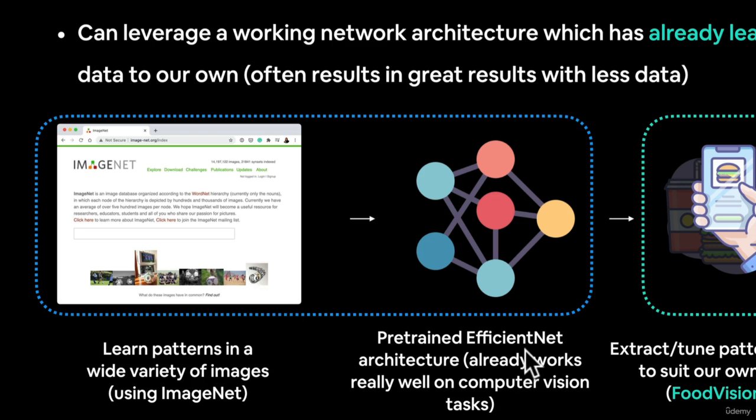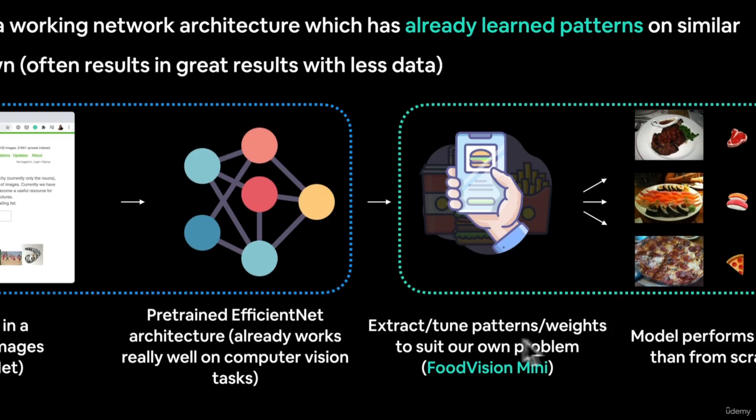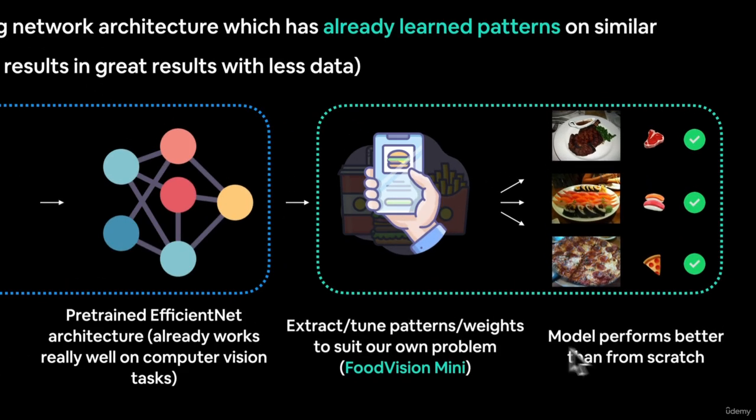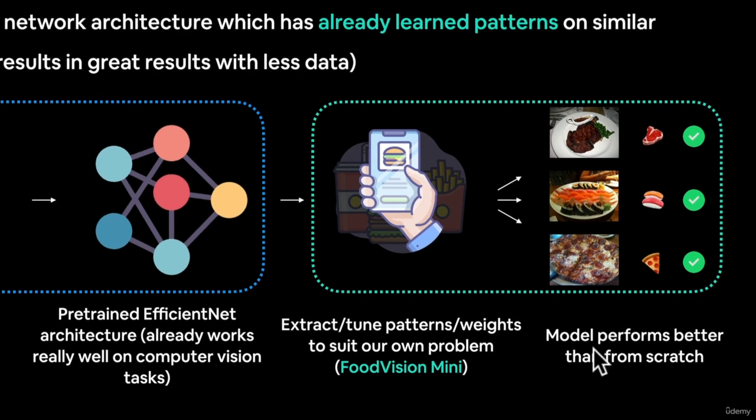And so we might want to extract those pre-trained patterns from EfficientNet and tune them, the patterns, the weights, to suit our own problem, Food Vision Mini. This is what we're going to be building throughout this section. And so, ideally, if we extract the patterns from a pre-trained model, our model that we've tuned to our own use case performs better than a model just trained from scratch, such as what we did with TinyVGG.